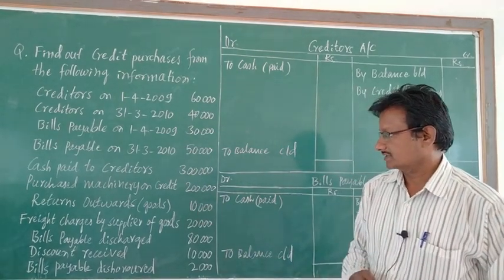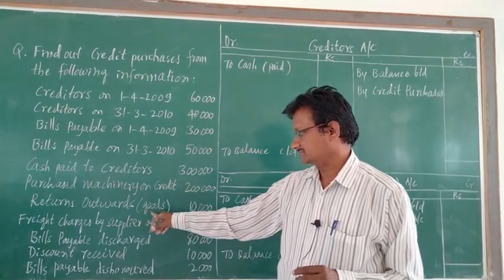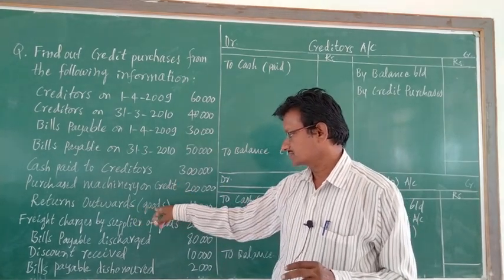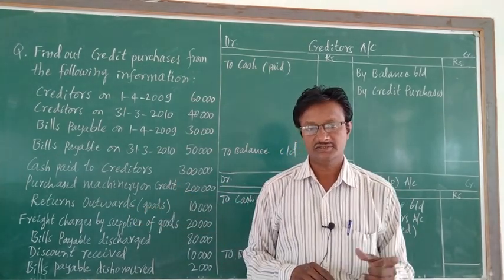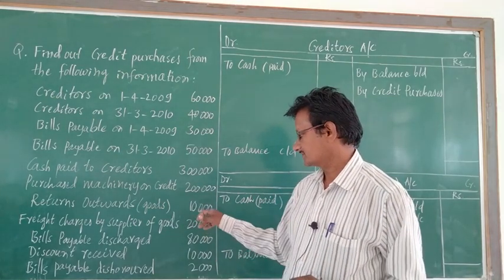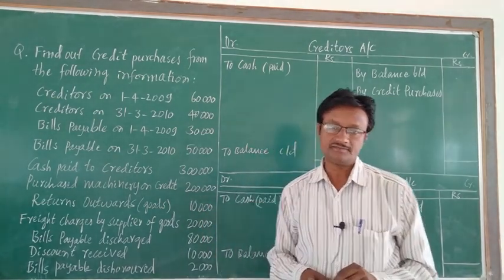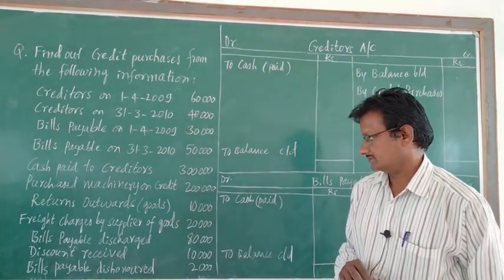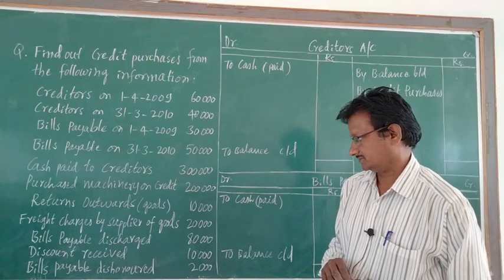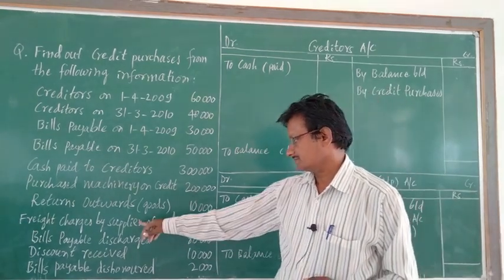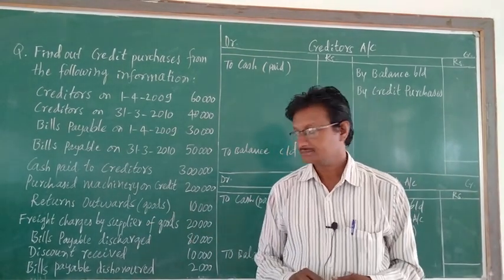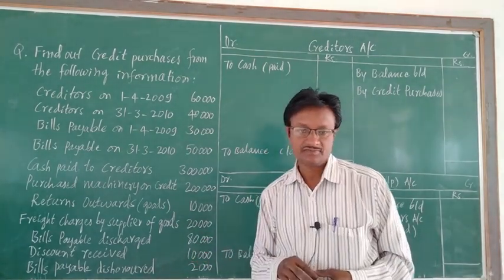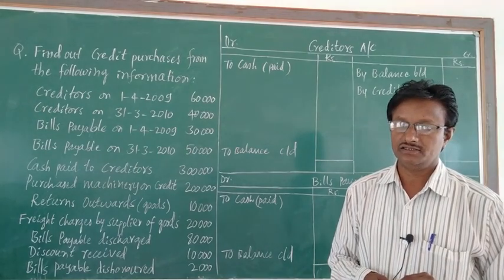And next one is returns outwards, that is purchase returns. Here goods are returned to creditors, so it is purchase return, it should be entered in the creditors account. Next, freight charges by supplier of goods 20,000. Next item is bills payable discharged 80,000, that is bills payable cash paid again.